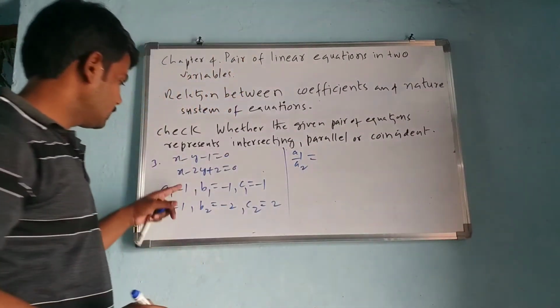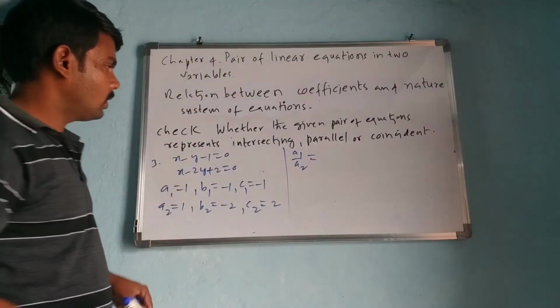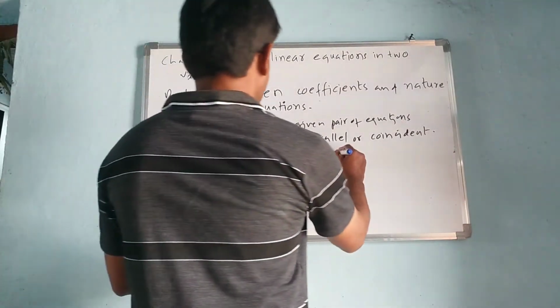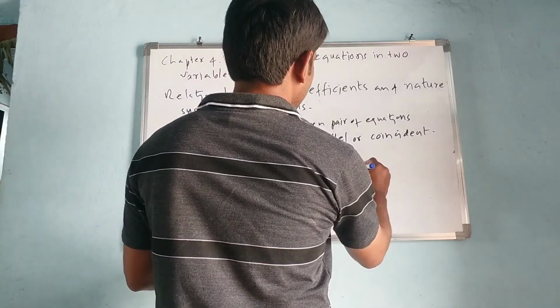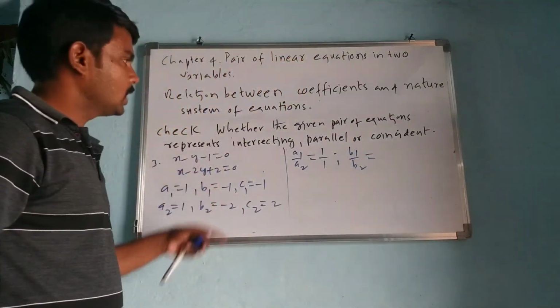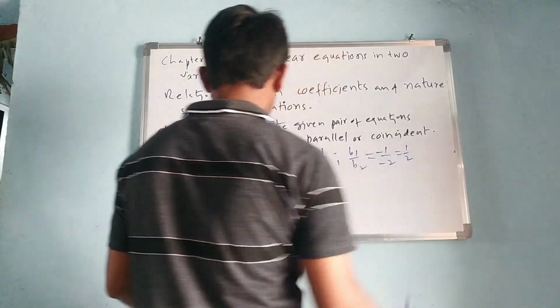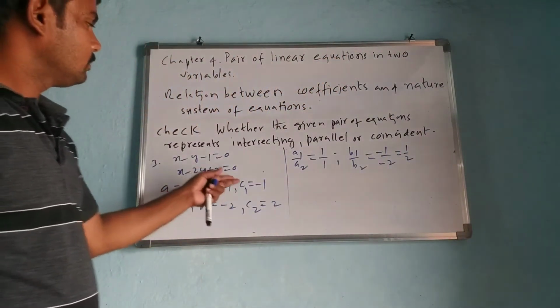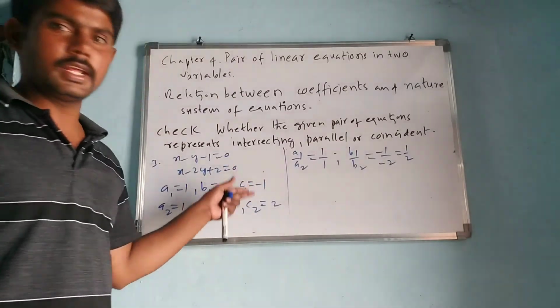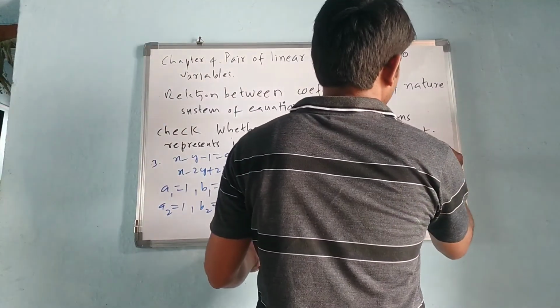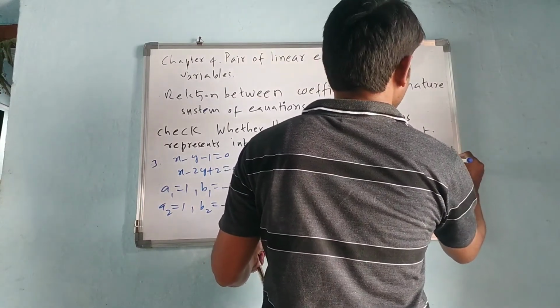So a1 by a2 is 1 by 1, which is equal to 1, and then b1 by b2. So b1 by b2 is minus 1 by minus 2, which is nothing but 1 by 2. And then c1 by c2 is clearly minus 1 by 2.